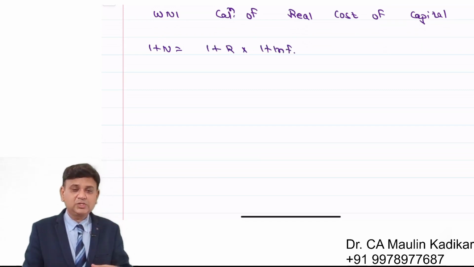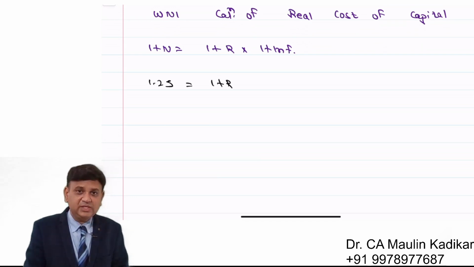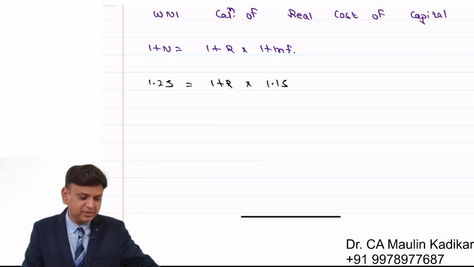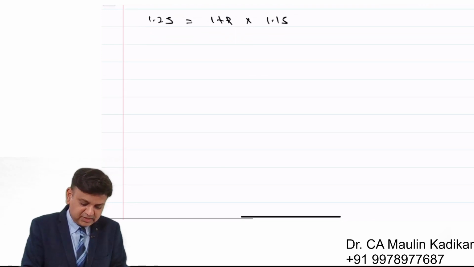What is the nominal cost of capital, friends? Nominal cost of capital is 25%. What is the real cost of capital? That is to be calculated. And what is the inflation rate? Inflation rate is 15%. So this information is provided to us, and we have to compute the real cost of capital as the balancing figure.